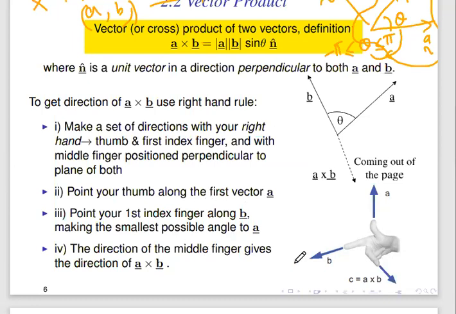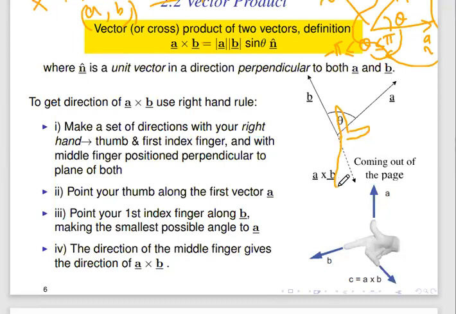Point your thumb along this vector A, point your index finger along vector B, and the middle finger, try to make it perpendicular to both A and B. The middle finger gives you the direction of A cross B. So how do you draw this?